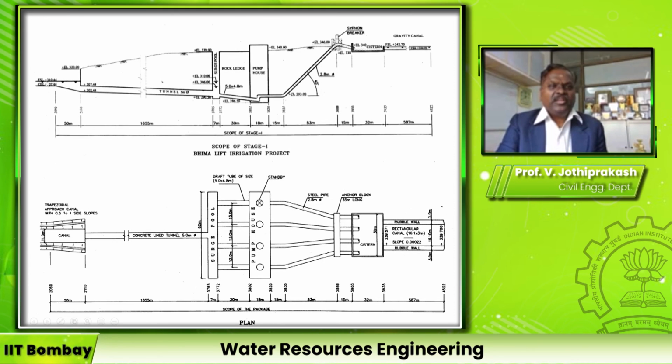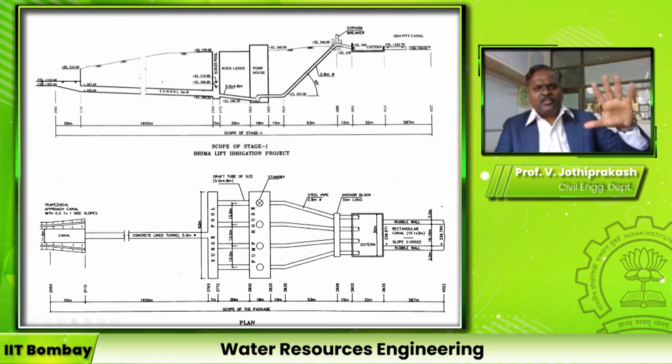The water is flowing in the river at a lower level, this corner, and then this water is led to a small reservoir. Water is led from this small river at a constant level, and it is brought to a small pump house. This pump house has very large capacity pumps, and then the water is pumped from low level to high level and then it falls into a system.